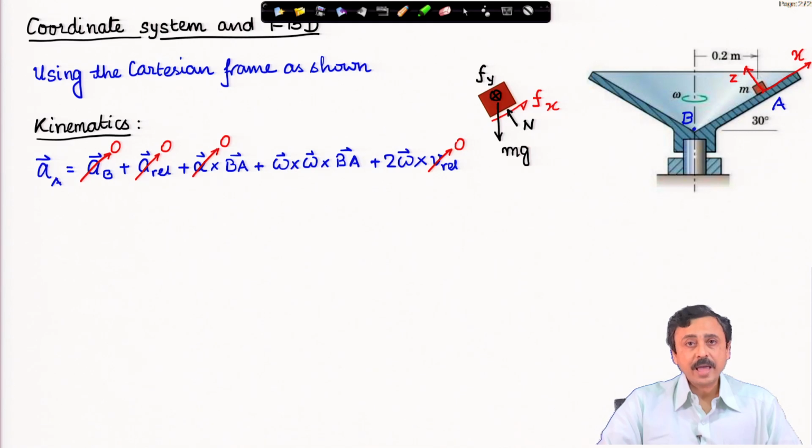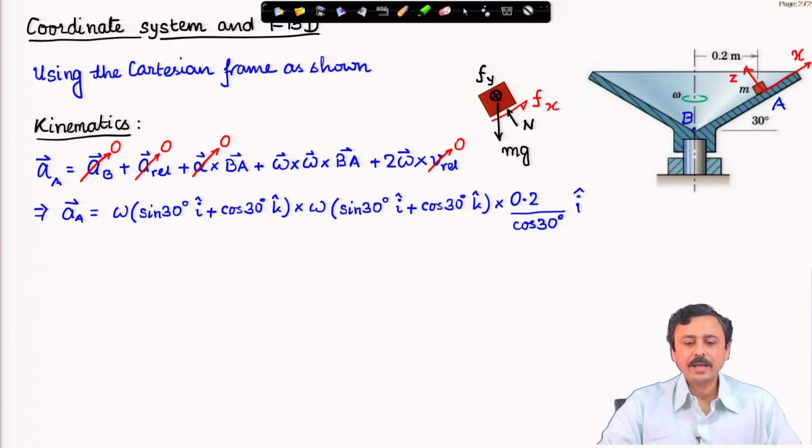The point B is on the axis, therefore, its acceleration is 0, it is not moving. The dish is not accelerating angularly, so alpha is 0. What we are left with therefore is only this omega cross omega cross BA term, where omega is the angular velocity of the frame.